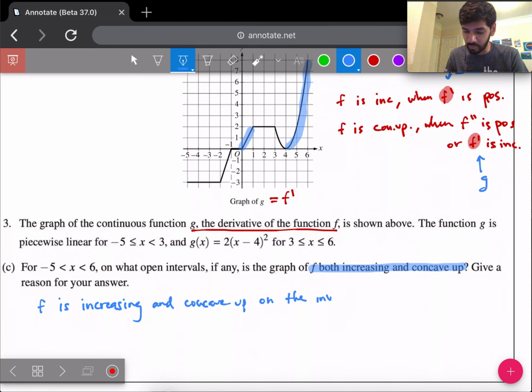I have two of them that I highlighted on the graph. On the intervals 0 to 1 and 4 to 6. 4 is less than x is less than 6. Okay, I'm writing what's going on. I've written the intervals that it's asking me for. On what open intervals? So I've answered that part, but I need to give a reason why.